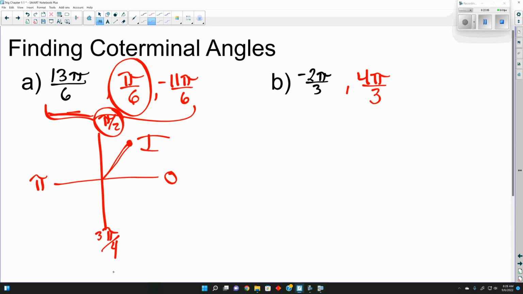Now we can look at B, 4 pi over 3. So the main fraction is 4/3, yes? Is that greater than 1? Well, yes, it's greater than 1. Well, when it's 1, it's at pi, yes? So that means it's not in the first or second. So we're looking at the third or fourth quadrant.